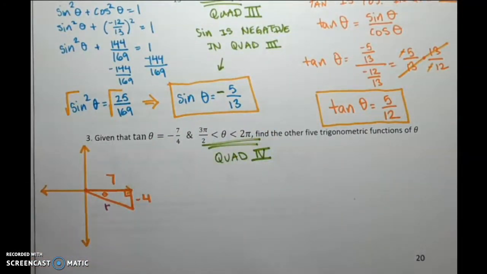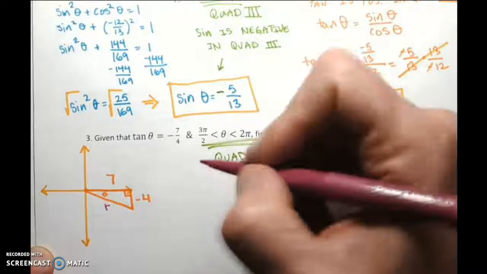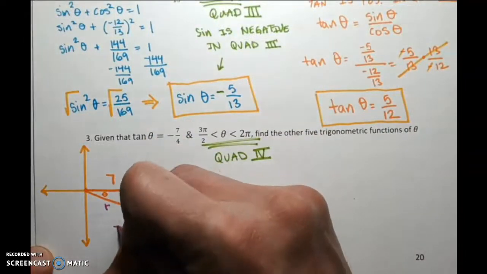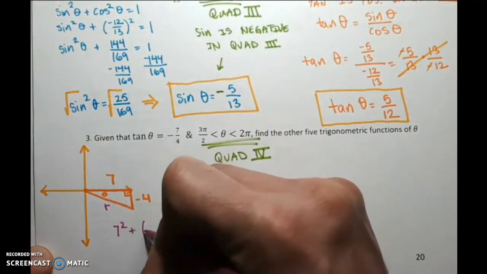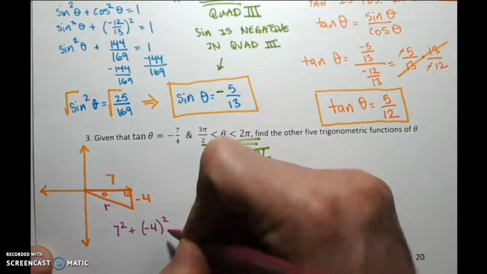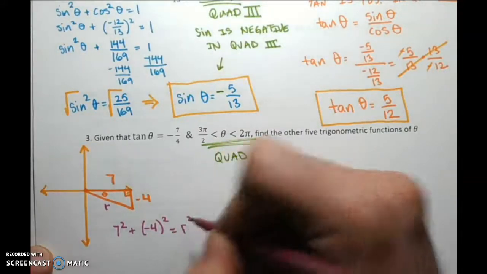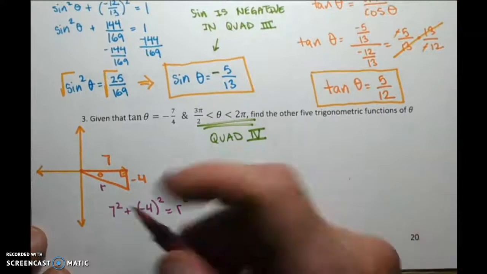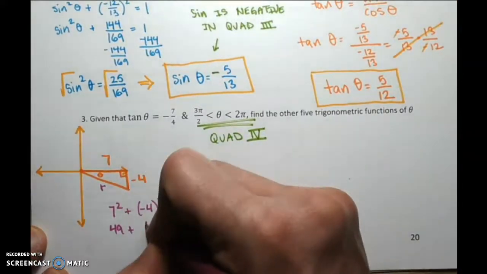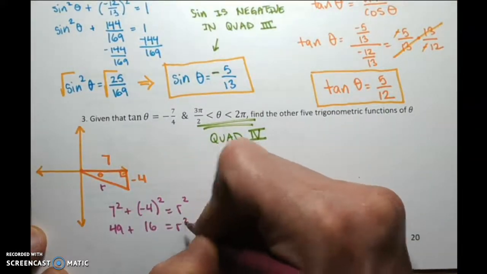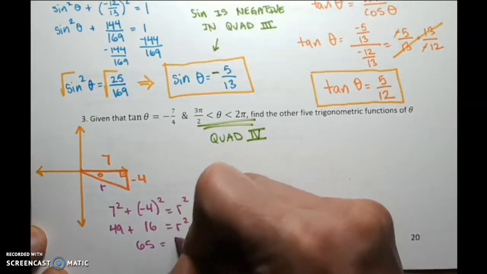So now, I'm going to use, again, the Pythagorean Theorem. So 7 squared plus negative 4 squared equals r squared. And I get 49 plus 16 equals r squared. 65 equals r squared.